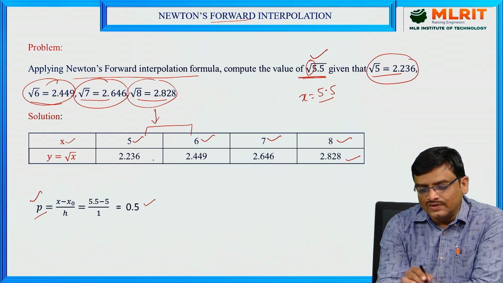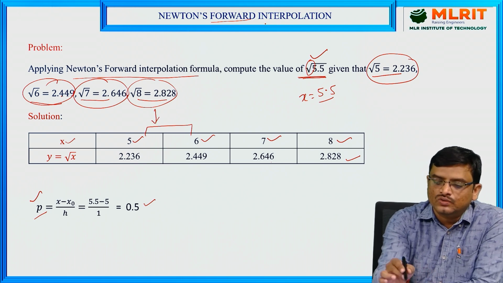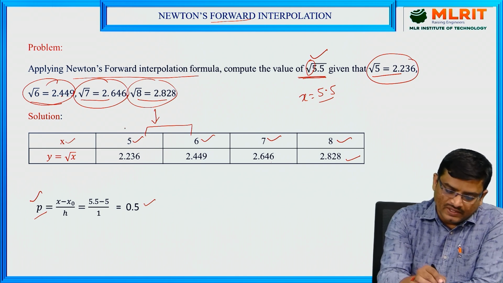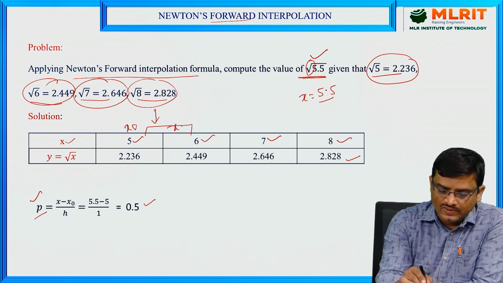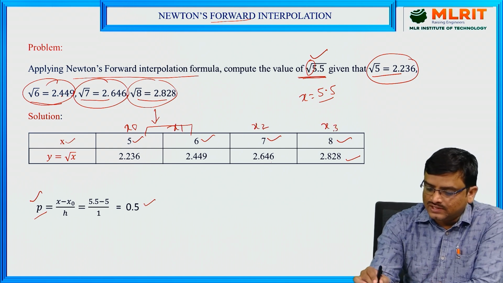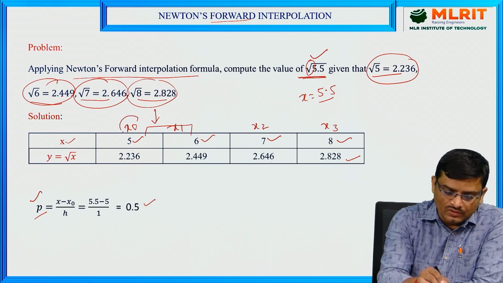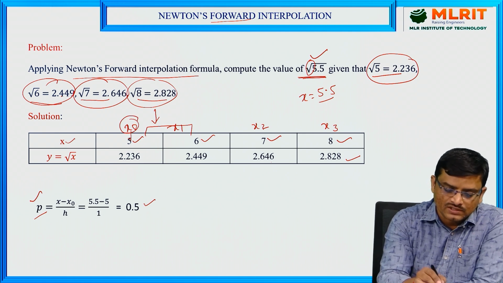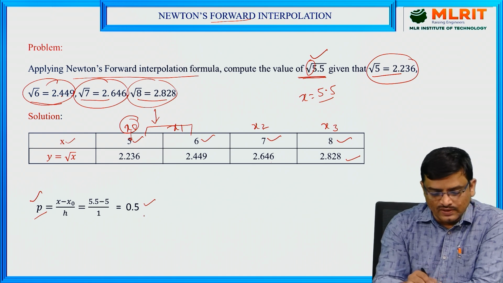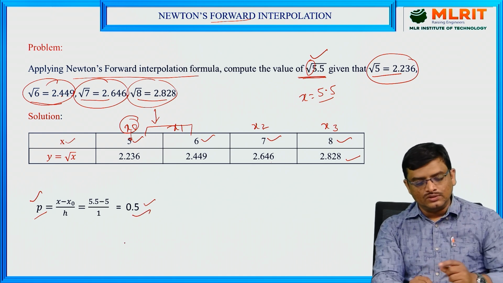Since our x value lies at the beginning of the table, we can use Newton's forward interpolation formula. In general we can represent the x values as x0, x1, x2, and x3. Our x0 is 5, so 5.5 minus 5, you will get the p value is equal to 0.5.